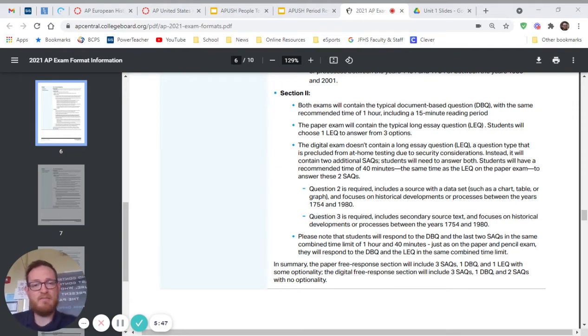Again, with this DBQ, make sure that you have a thesis statement. Make sure that you provide contextualization in your opening paragraph, which basically means you set up what was happening during that time. So, for example, if it's talking about the late 1960s, you might want to talk a little bit about the Vietnam protests, or the Vietnam War going on, or drafts, or whatever like that.